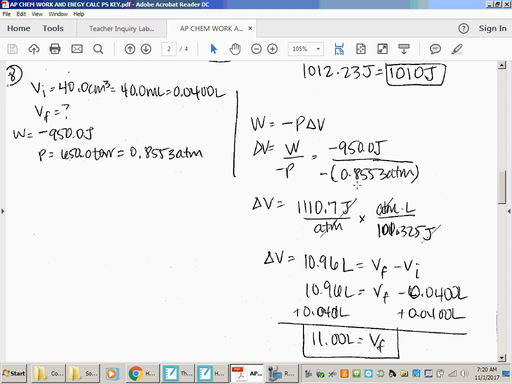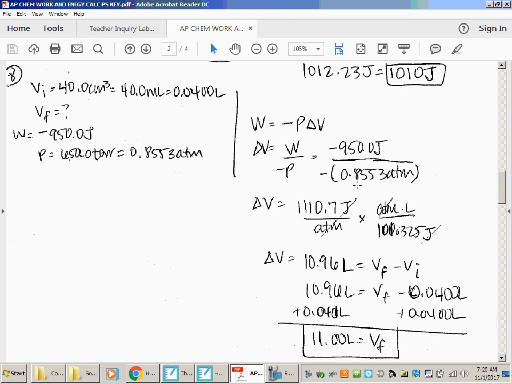So you take your work to be negative 950 and plug it in as W, and convert your pressure in torr to atmospheres, 0.8553, and then solve for delta V. The delta V was 1110.7 joules per atmosphere.